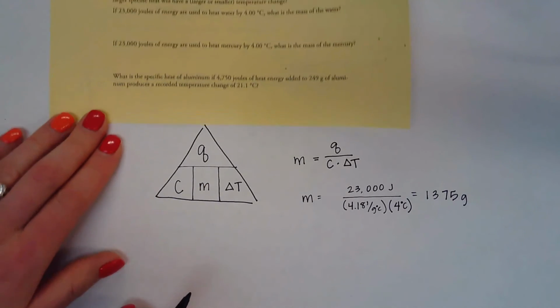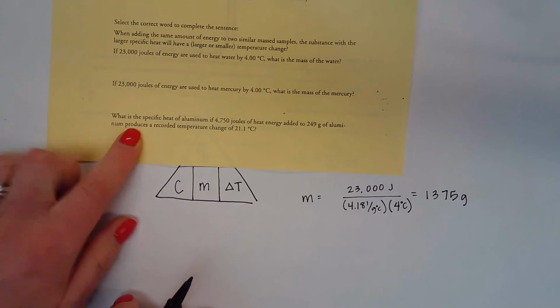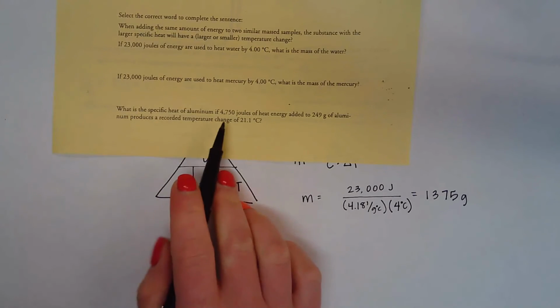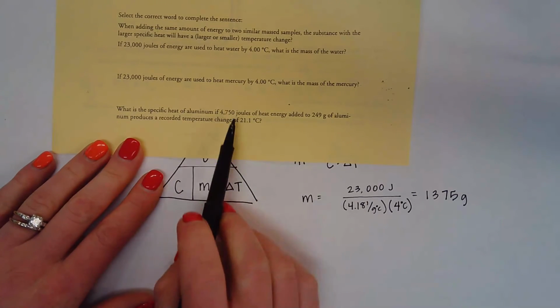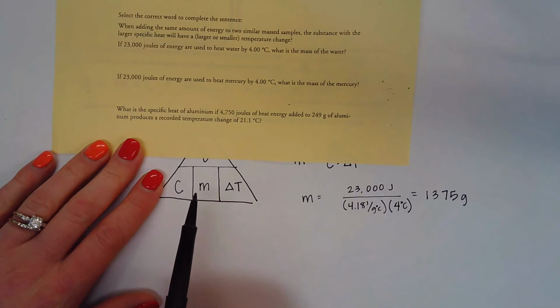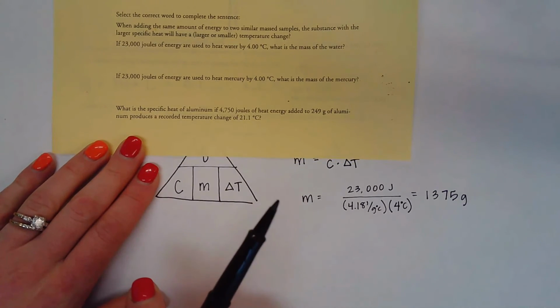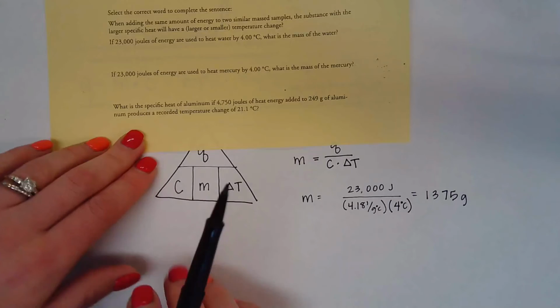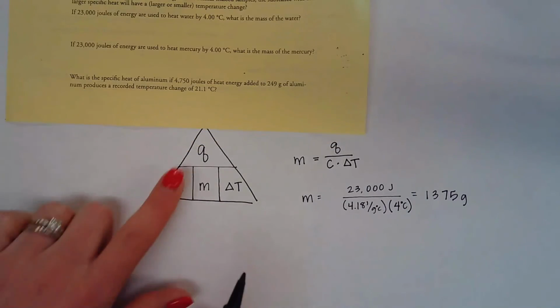The next one we have, what is the specific heat of aluminum if 4,750 joules of heat energy is added to 249 grams of aluminum to produce a total temperature change of 21.1 degrees Celsius? So in this case, we're looking for specific heat.